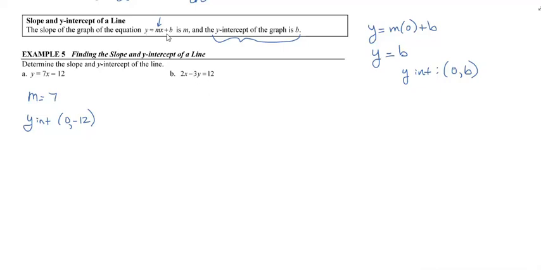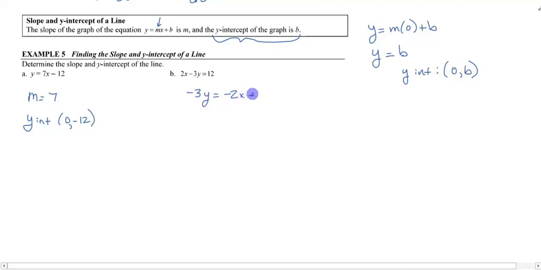It's not in the form of y equals mx plus b. But you can go ahead and solve it for y and you'll be set. So let's go ahead and subtract a 2x from both sides. And then divide both sides by negative 3. So I get y equals a positive 2/3 x minus 4. So your slope now we see as 2/3, and your y-intercept is (0, -4).